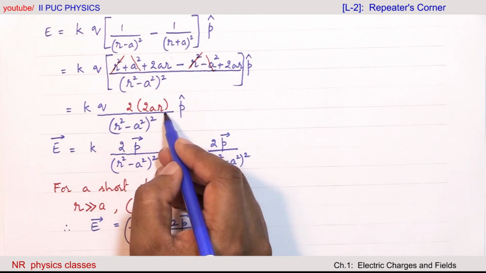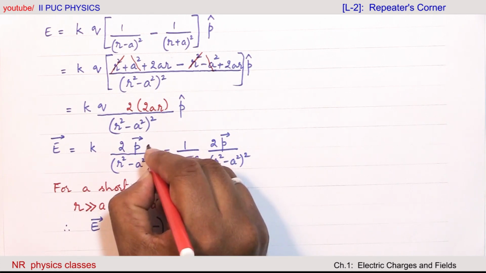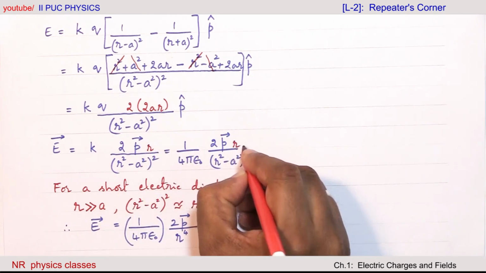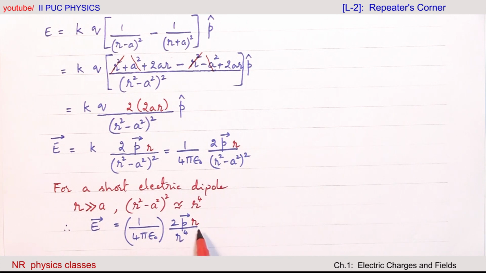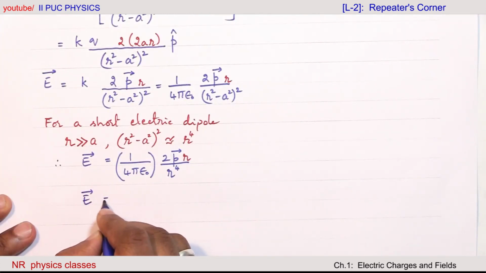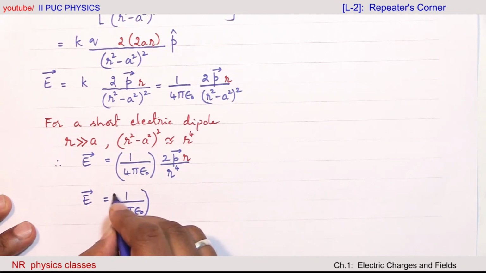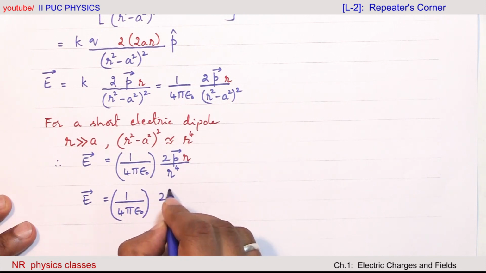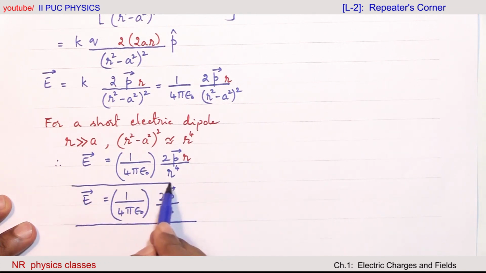We can see that R to the power of 4 becomes 1 by R cube. So electric field equal to 1 by 4 pi epsilon naught 2P by R cube. This is the expression for electric field for a short dipole.